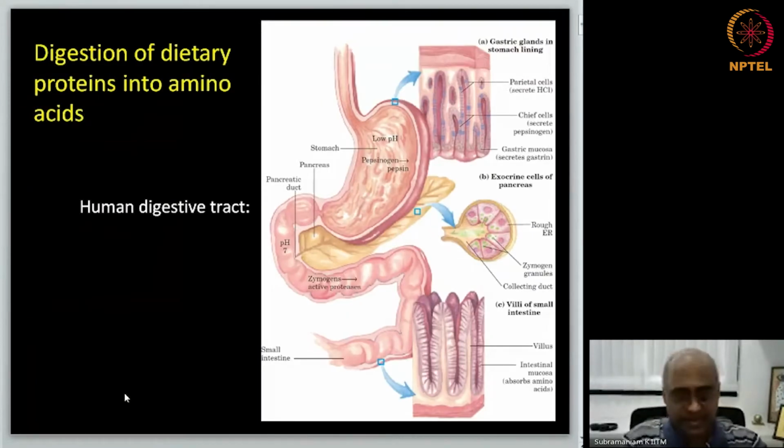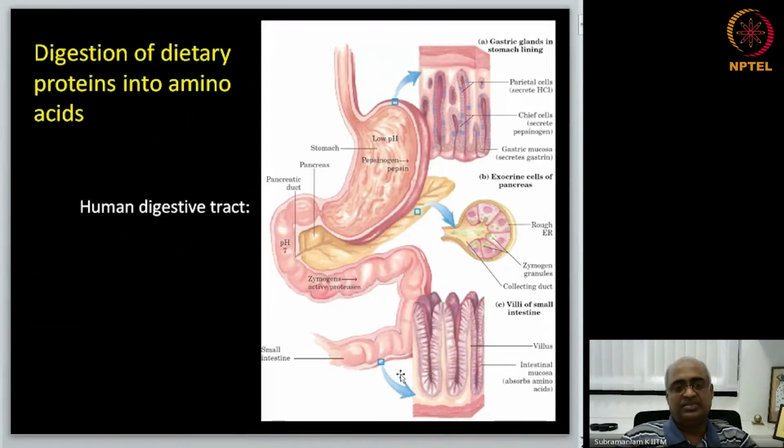Okay, so this is our digestive tract, focusing only on the stomach and downstream. So the dietary protein that comes to the stomach stimulates the production of the hormone gastrin, which stimulates these cells, parietal cells and chief cells. Okay, they are on the same stomach lining.